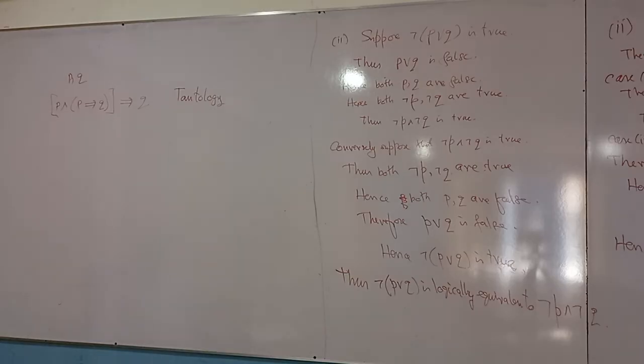Because if you say this must be true, let's take P, whether P is true or false, this statement must be true. For instance, if P is false, it is definitely true. If P is true, and P implies Q is true, then Q is true.